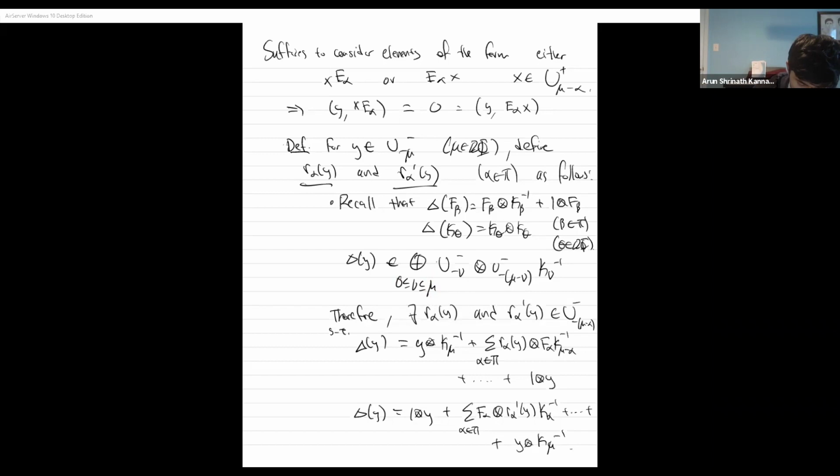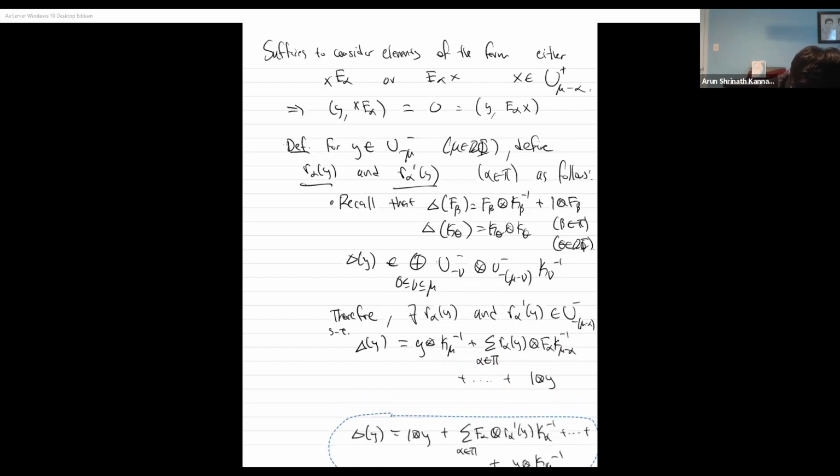Here I'm expanding it out as nu equals 0, then nu equals alpha, then the remaining terms, and then nu equals mu, doing it in the other direction, just using this decomposition.